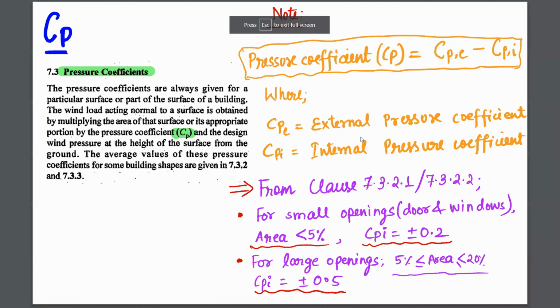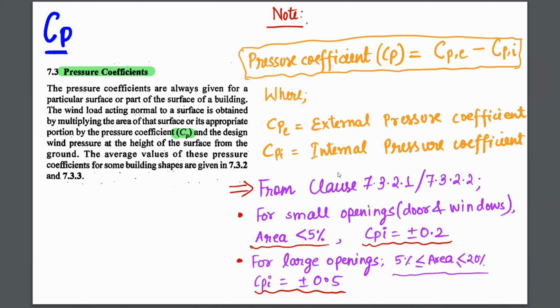If you have any doubt or you need any more clarification, you can simply open the IS code and get everything you want. So pressure coefficient is basically written as Cp, and the value of Cp is Cp external minus Cp internal. Cp external means external pressure coefficient, Cp internal is internal pressure coefficient.